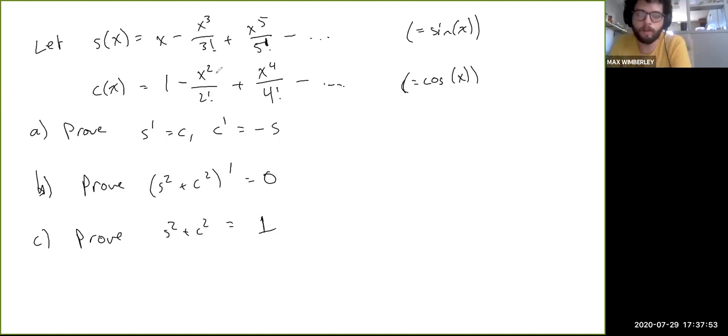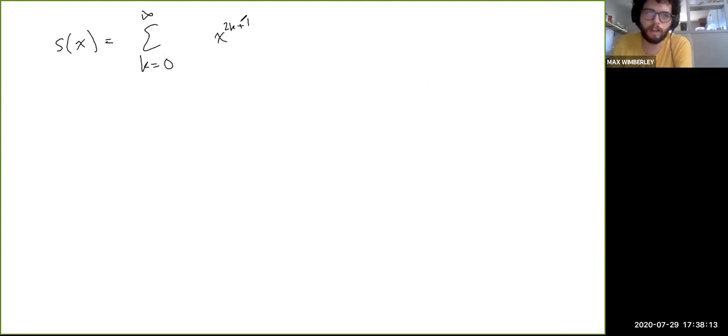And then I think, what's a sequence that gives odd values? Something like 2k plus 1, that's always odd. And then the question is where should k start? Well, the first value of k should make 2k plus 1 be 1. So k should start at 0.